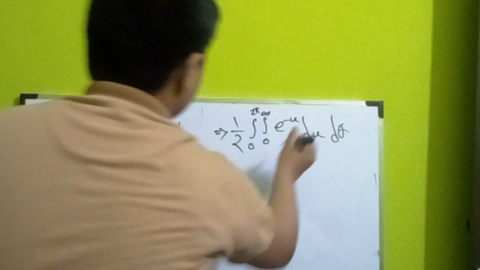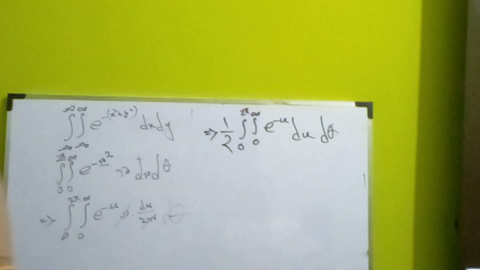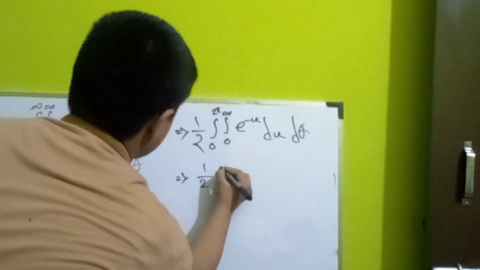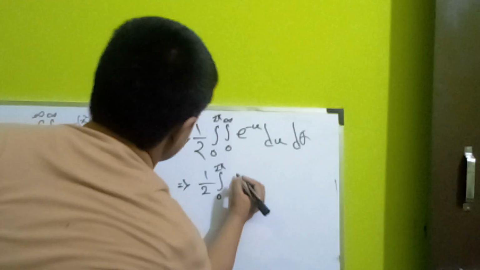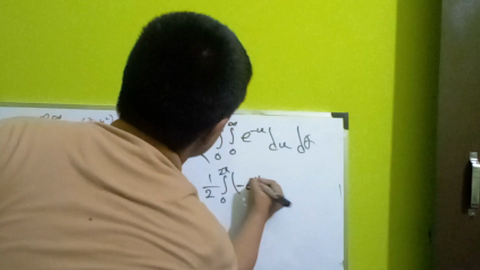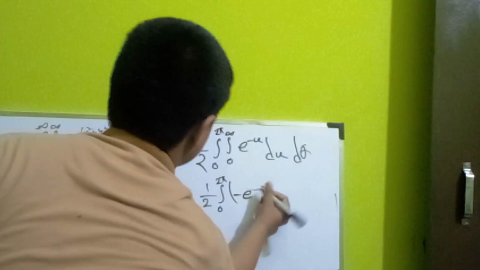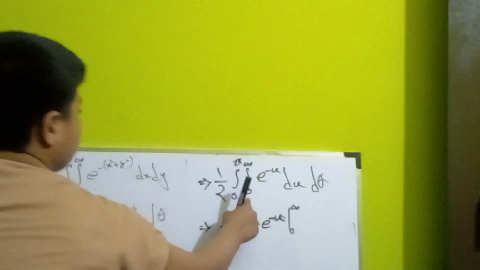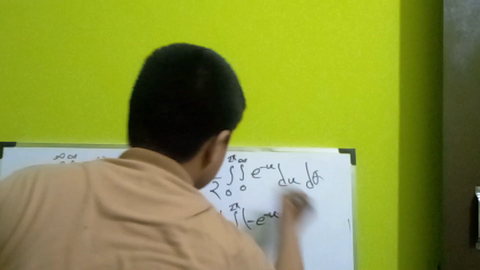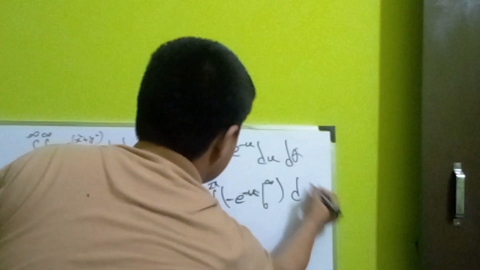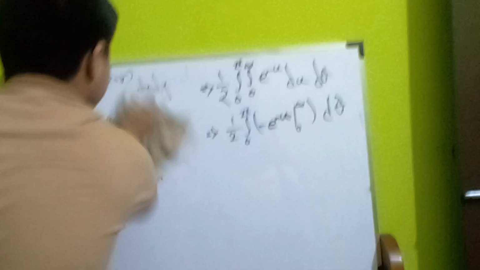So we have 1 half, 0 to 2 pi, of 0 to infinity e to the negative u du d theta. The integral of e to the negative u is negative e to the negative u, from 0 to infinity, times d theta. We'll have to evaluate this value.